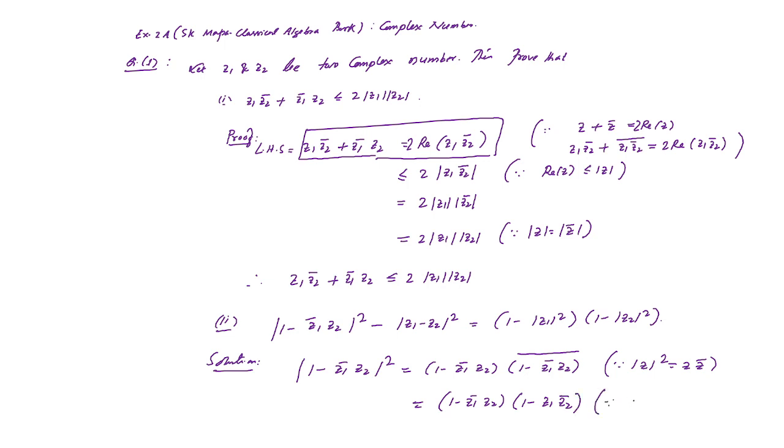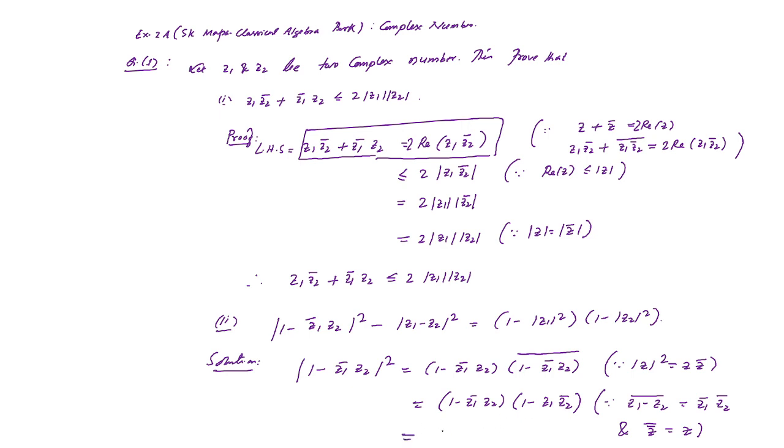Since the conjugate of z1 minus z2 is equal to z1 conjugate minus z2 conjugate, and here we use that the conjugate of the conjugate of z is z. We use these results or properties of complex numbers, and you can write it in that form.